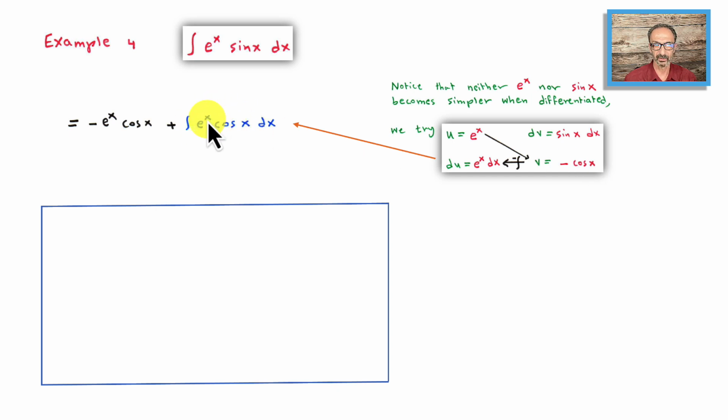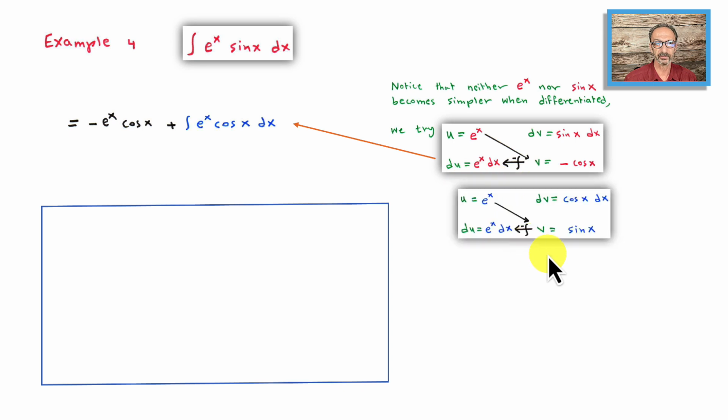This is another one similar to this, so we're not going anywhere, but we need to integrate again by parts. So let's take this blue part to the side and let's finish it. We'll take e to the x as u. Cosine x dx will be dv. Derivative of e to the x will be e to the x. That's going down. Integrating this part will give you sine x.